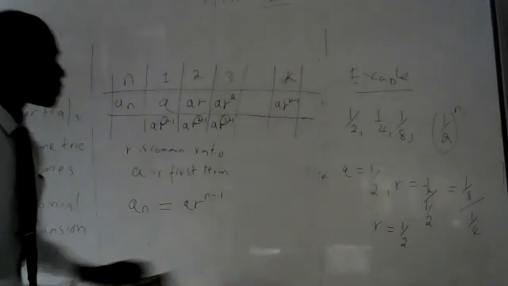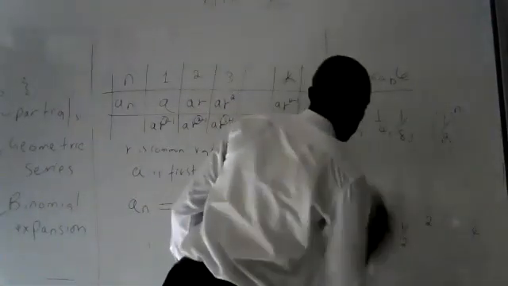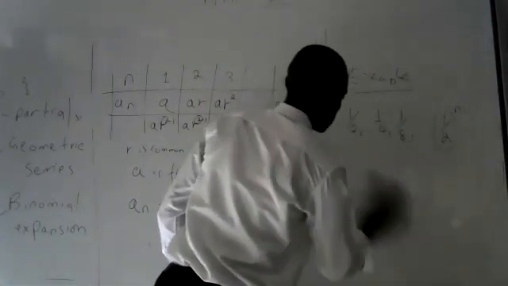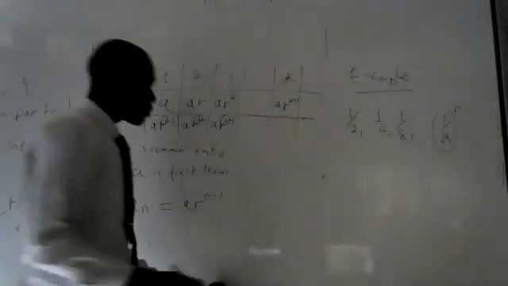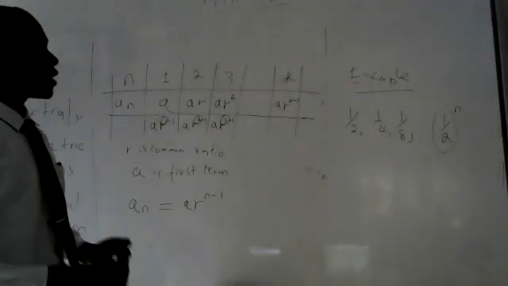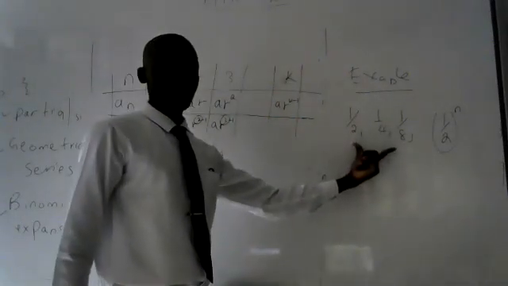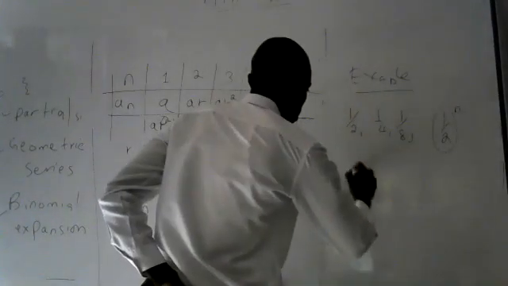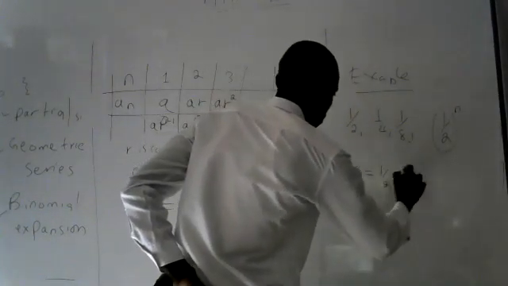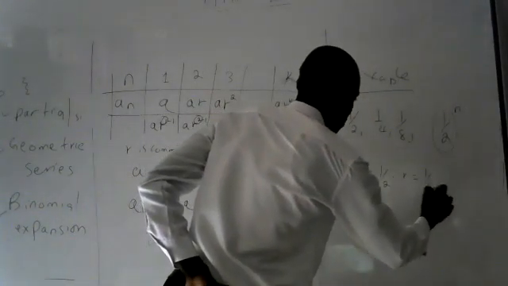So let's apply this example here. Let's try to find the third term in this sequence using this formula. We know A is a half, and R is also a half.